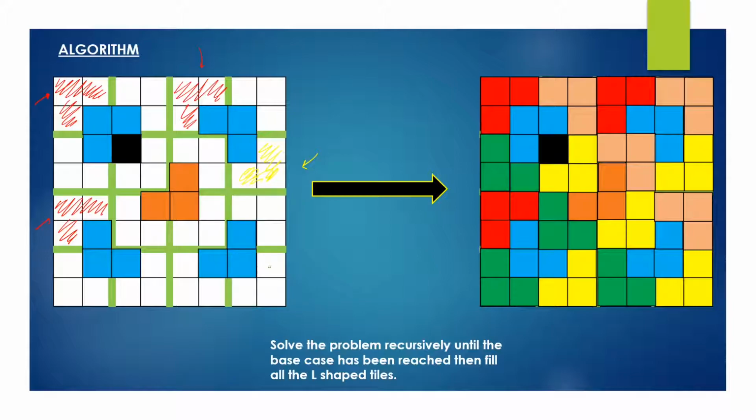You fill it like this. For the 2 cross 2 subsquare here, you fill like this. Similarly here, and same goes for here. And there should be one more. Yes, for this subsquare, fill it like this. So similarly, you fill all the 2 cross 2 subsquares with L-shaped tiles because that is your base case and you know how to solve your base case, right?